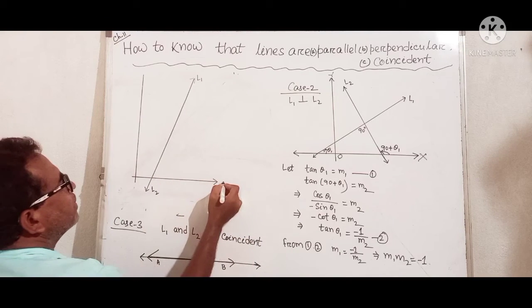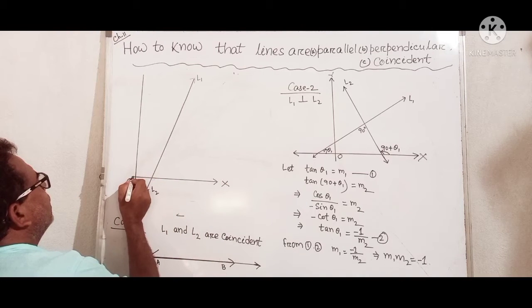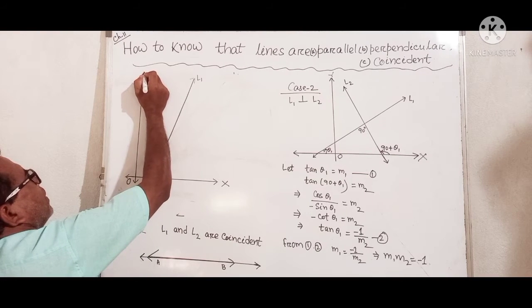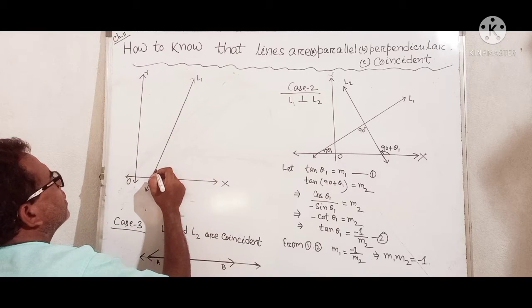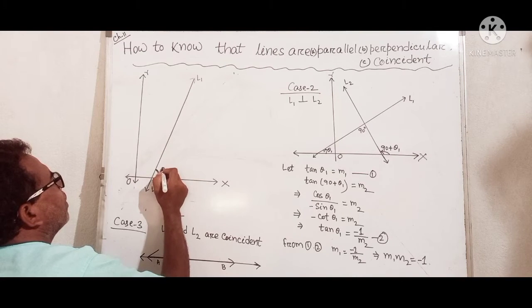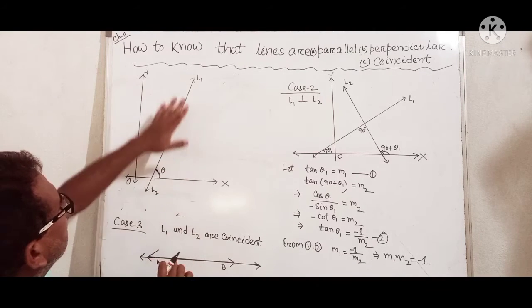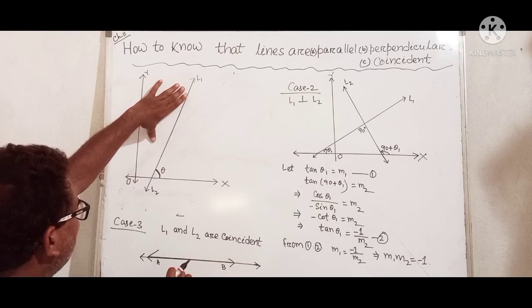This is the x-axis, this is the origin, this is the y-axis. Let's say this angle, in the anti-clockwise direction, is theta, right? Here are two lines, L1 and L2.